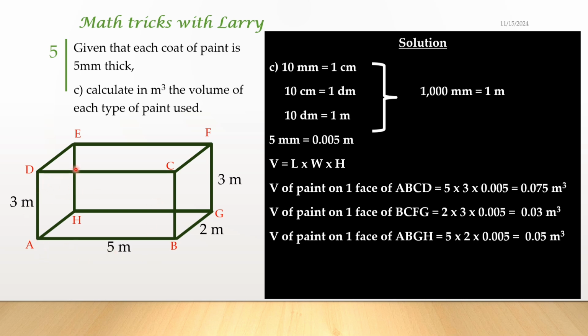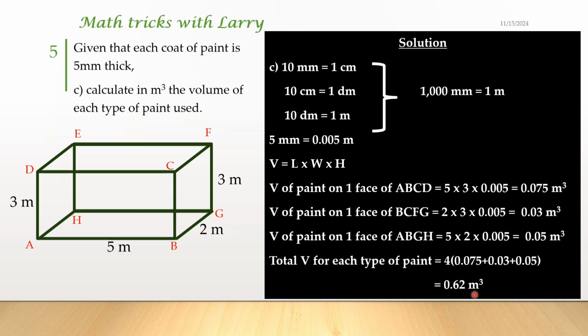Looking at the top and the bottom, there are also 4 faces, so the volume of paint will be the sum of the individual volumes obtained for the different faces times 4. So we sum the volume of paint on each of the faces and multiply by 4, since the surfaces have 4 faces.